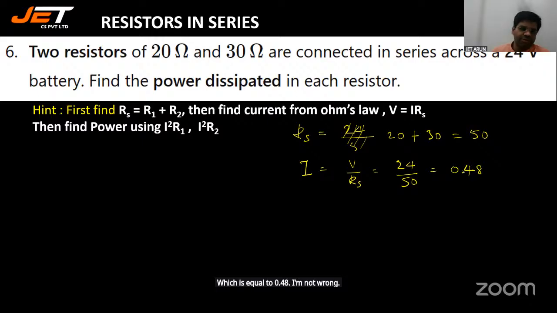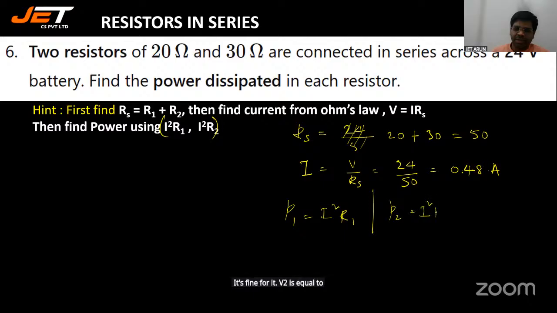Excellent, Abdul. Very good, Abdul. Now, once I get this amperes, all I do is I'll use this equation. P1 is equal to I square R1. Yes, sir, and excellent. It's 0.48. P2 is equal to I square R2.